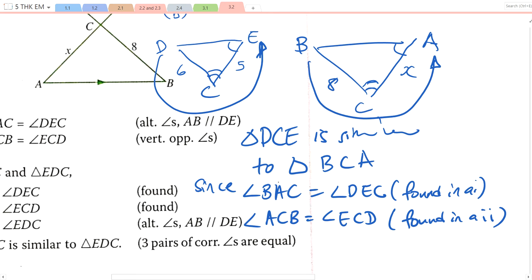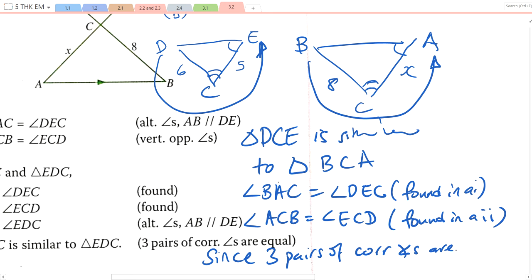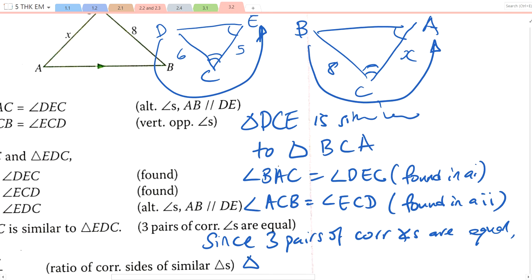Since these two angles are the same, then I'll write: since 3 pairs of corresponding angles are equal, then my conclusion, triangle DCE is similar to triangle BCA. Get it? Okay.